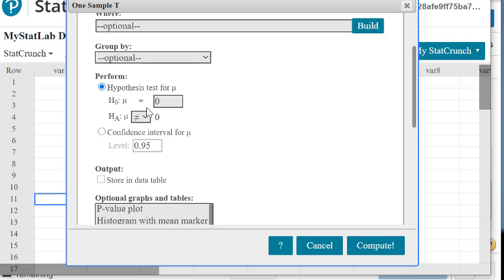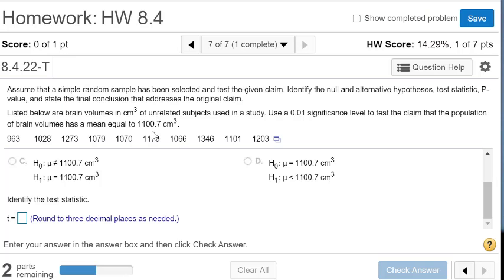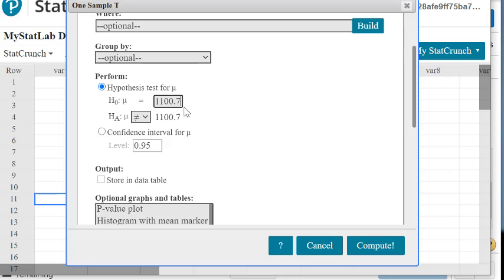We have a hypothesis test, and we're testing for this thing to be equal to 1100.7. Let's double check that. 1100.7. So that is correct. That is our null hypothesis. And our alternative hypothesis is a not equal to, which is going to give us a two-tail test.